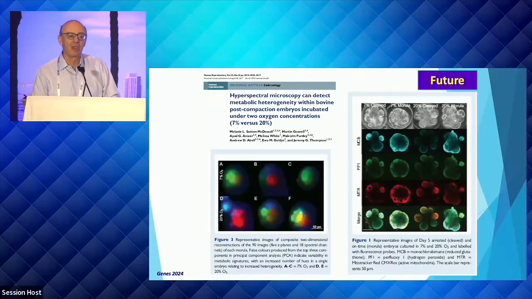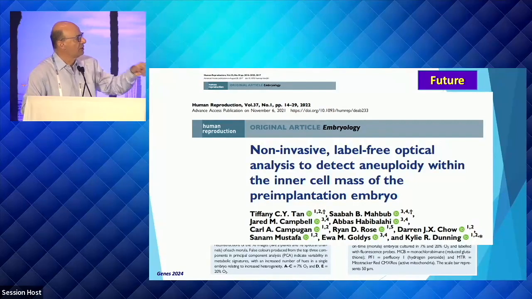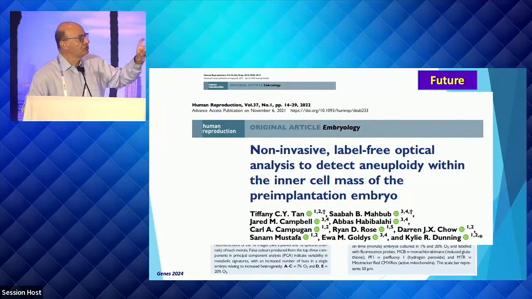Hyperspectral microscopy is one way of measuring multiple factors rather than focusing just on the mitochondrial one. This data by Jeremy Thompson's group and others is being published now, and Kylie Dunning has used this technology to distinguish between aneuploid and euploid cells in mouse embryos using this non-invasive fluorescent technology, which is very promising, I think.